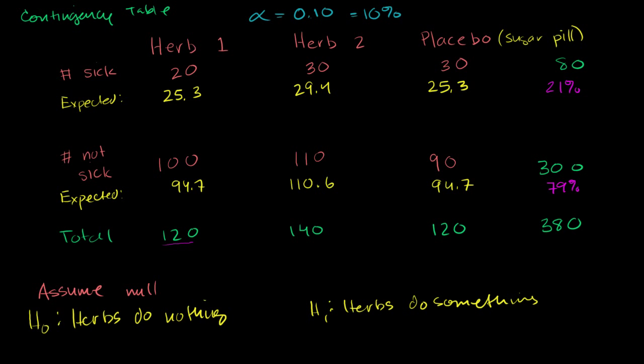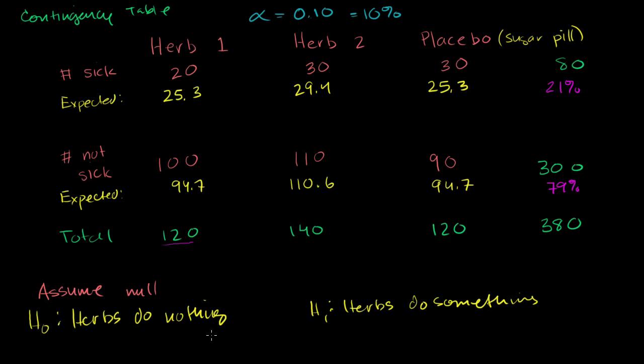To do that, let's get our chi-squared statistic. I'll write it as a big X, because this random variable's distribution is approximately a chi-square distribution. We'll talk about the degrees of freedom in a second.